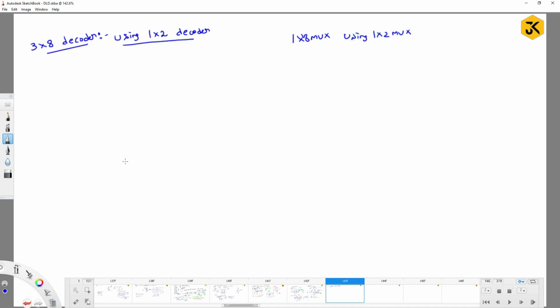Observe here. First let us complete the 3/8 decoder using 1/2 decoders. If I am saying it is a 3/8 decoder, how many output lines are there? 8 output lines are there, right? So in order to get 8 output lines, how many 1/2 decoders are required? 4 1/2 decoders are required.